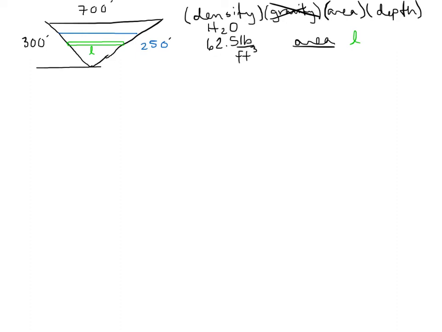If I do that, and I'll call this vertical the y-axis and that one the x-axis, then the little tiny depth there, since it's vertical, why not call that dy?